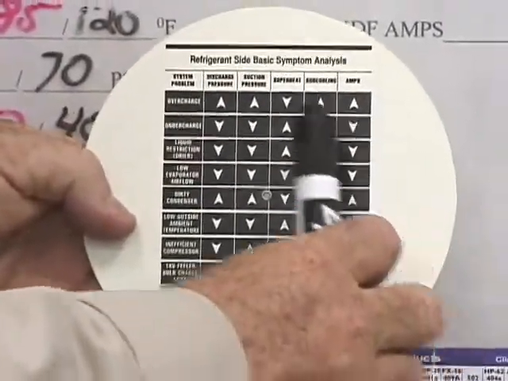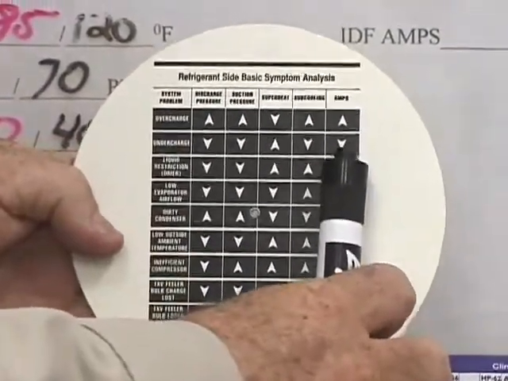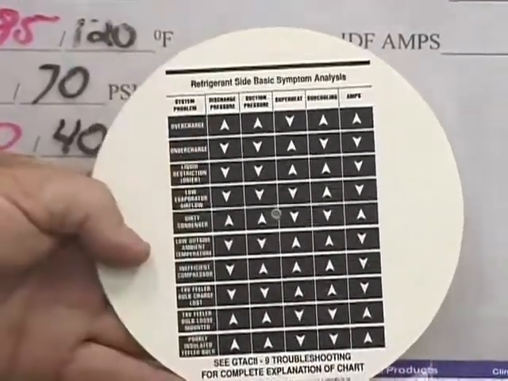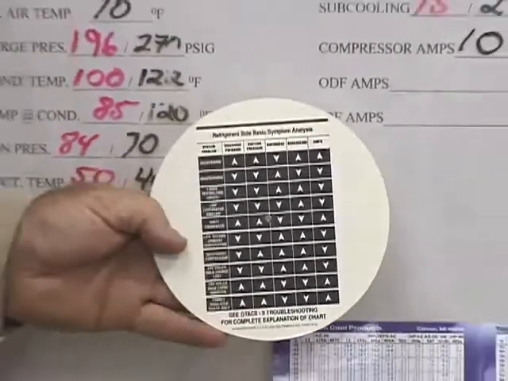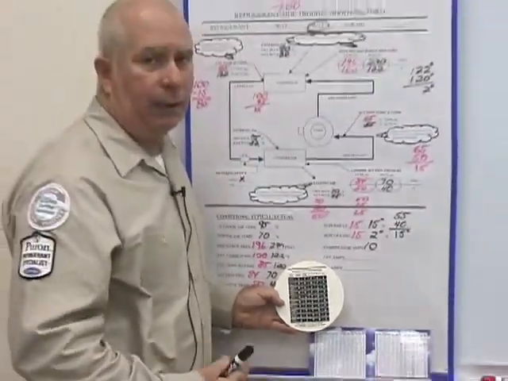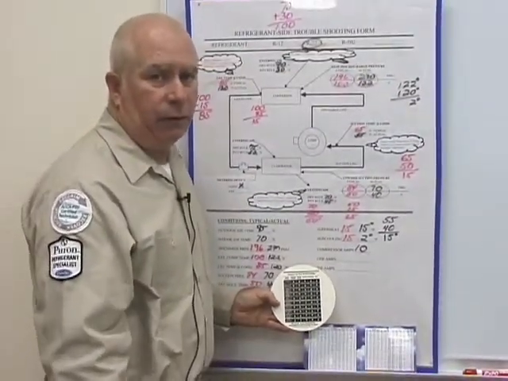So therefore, in this row, I have 3 items versus the 1 item under overcharge. So the possibility of my system being undercharged is more likely to be the factor in this situation.